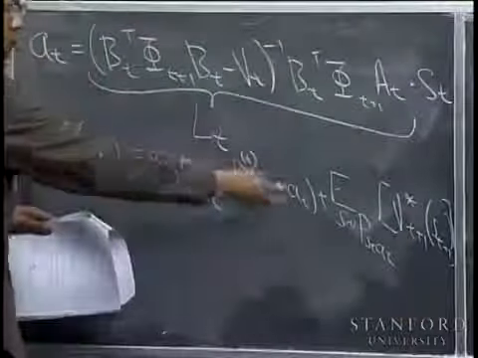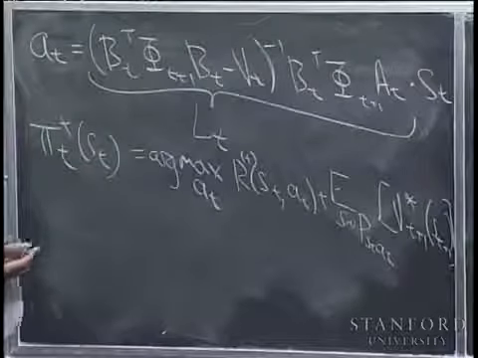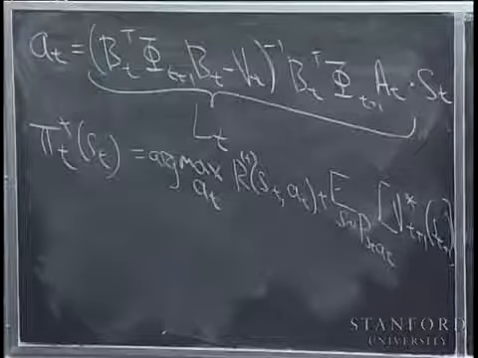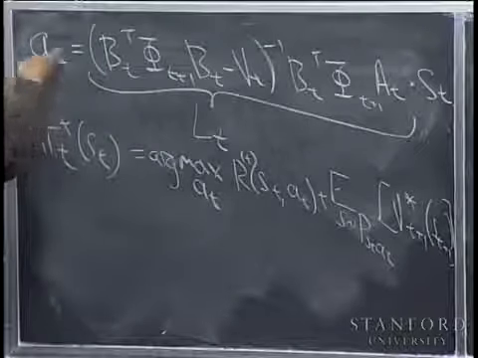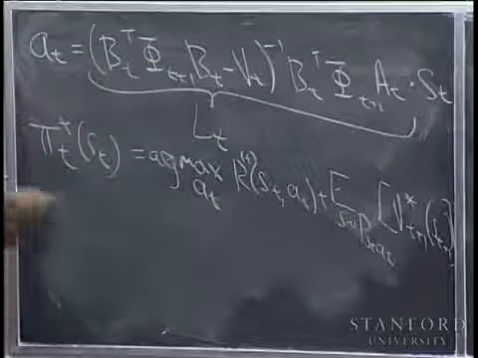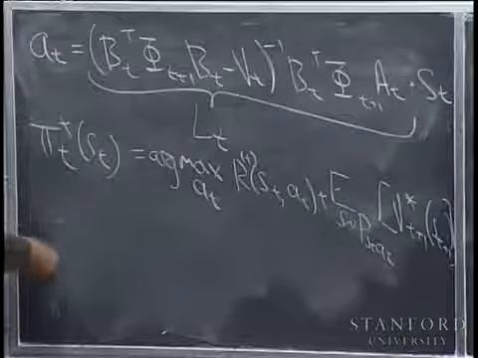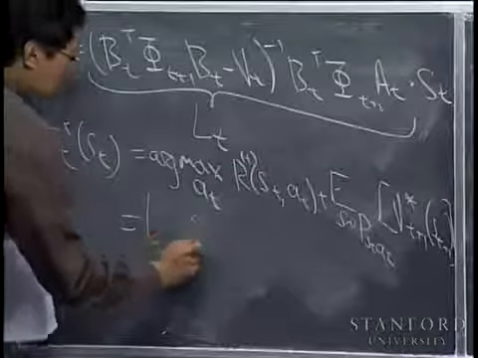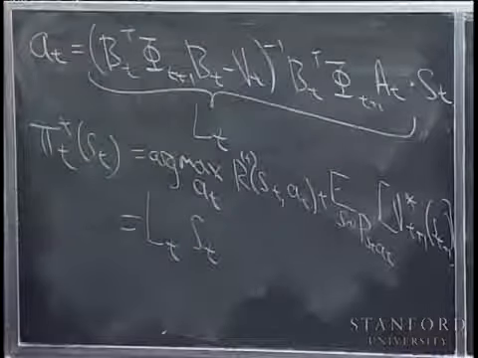This thing on the right-hand side is always the same thing as the thing we maximized to do the dynamic programming backup. And I said that this is the value of at that maximizes this. So what this means is the optimal action to take from a state st is actually equal to Lt times st.